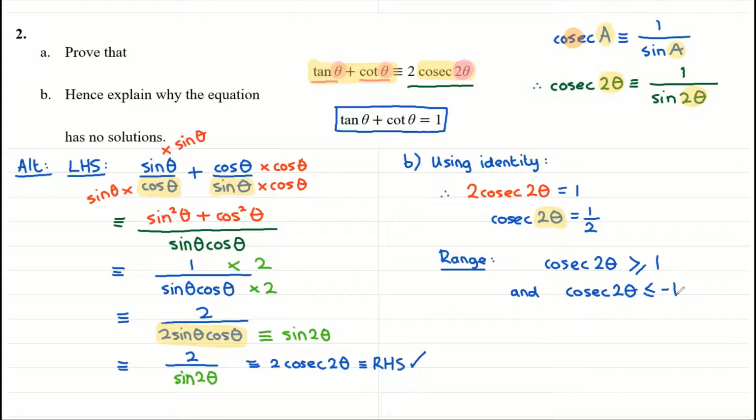So cosec 2 theta can never equal 1/2. Okay, which means that the equation has no solutions.